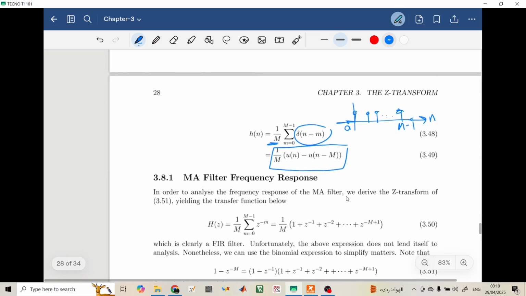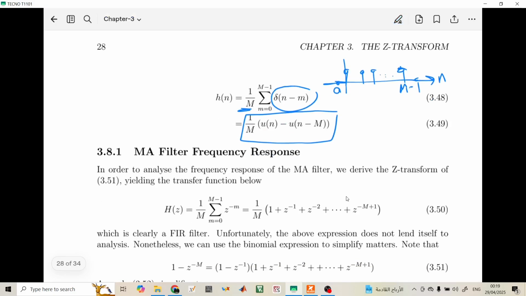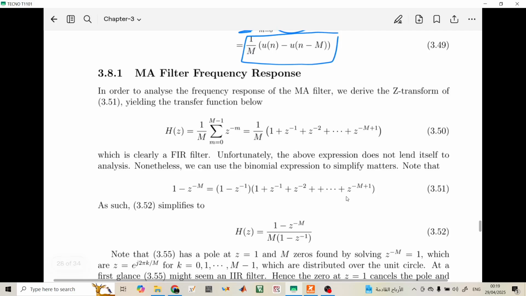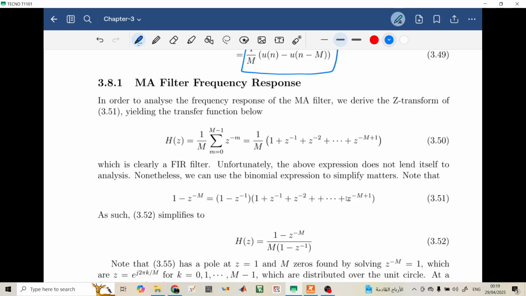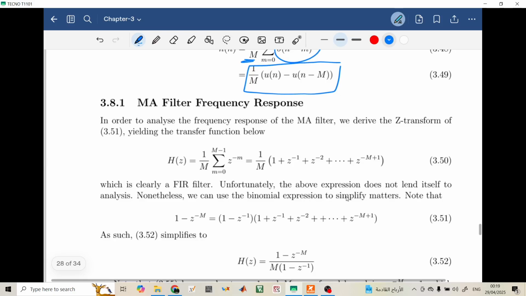Okay, so let's study the moving average, or MA for short, filter frequency response. As usual we take the Z transform of equation 3.48 and we get equation 3.50, which is again a sum of powers of z to the power minus 1, divided by m.